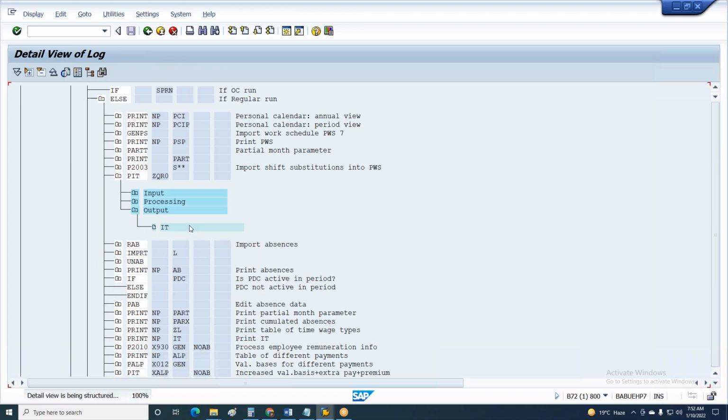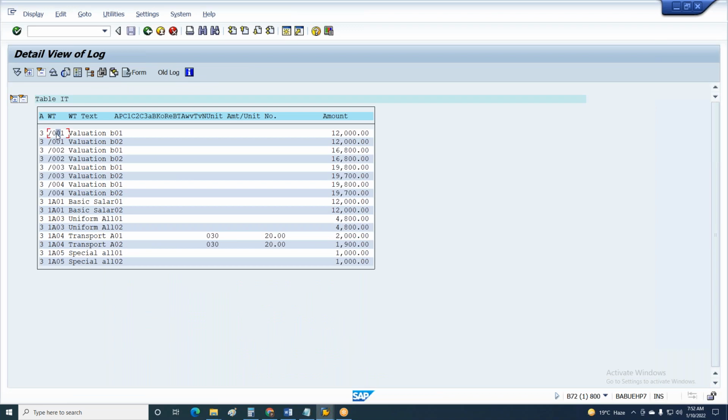Now calculate the rates. The rates are calculated where? In this wage tab, right? So in the next rule, you need to process this, not the primary wage types. Hourly rate, 12,000, perfect. Okay, daily rate in 002: basic salary plus uniform allowance, special allowance and transport allowance, also included in leave encashment rate and holiday rate.